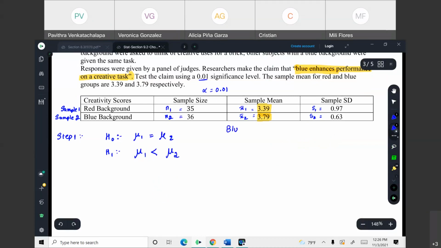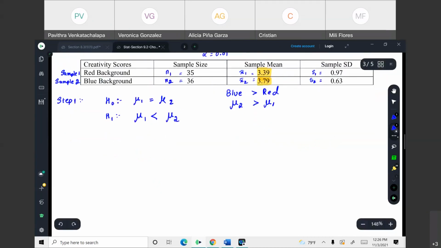Blue is greater than red. That means mu2 is greater than mu1. Now, if I want mu1 to be first, I am going to change the place. Whenever you change the place, the symbol will change from greater than to less than.